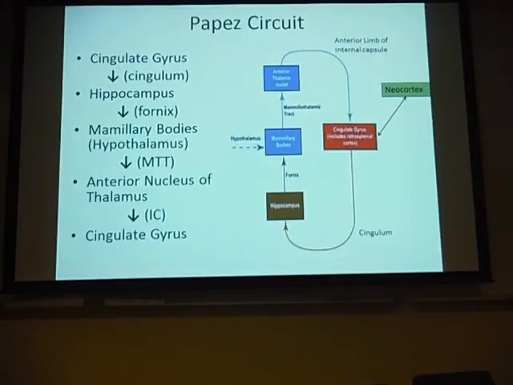And importantly, in this model, the cingulate gyrus, he believed, determined the experience of the emotion. So cingulate gyrus here, also down here, and in this loop here, was important for the experience of emotion. Again, that subjective experience. I feel this way.